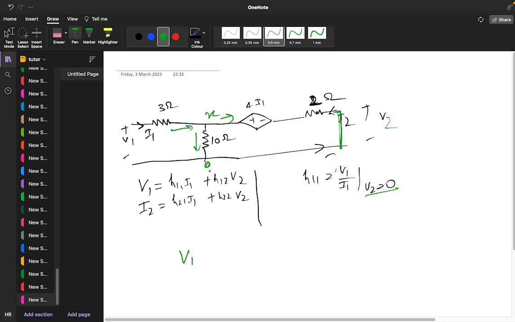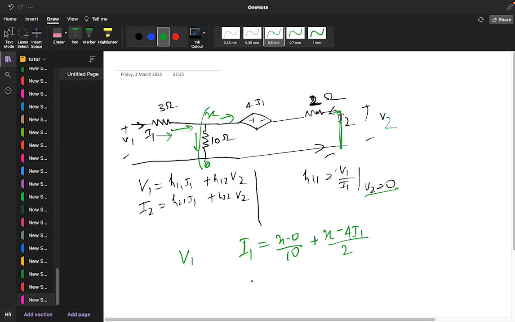So your incoming current is I1, and these two are leaving currents. So I1 is equal to this current plus this current. And what is the value of this current? This is x minus 0 upon 10. We took the node value x, plus what will be this current? This will be x minus 4I1 divided by 2.